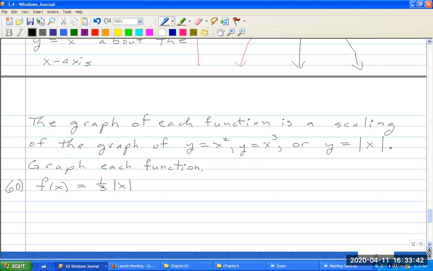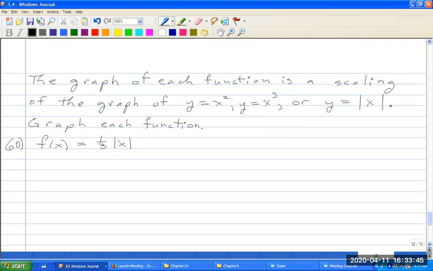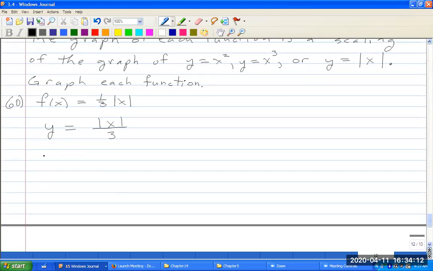So let's replace f of x by y. So this is y is equal to absolute value of x over 3. Okay, so actually let's write it this way. So y is equal to, let's multiply by 3. So 3y is equal to absolute value of x.